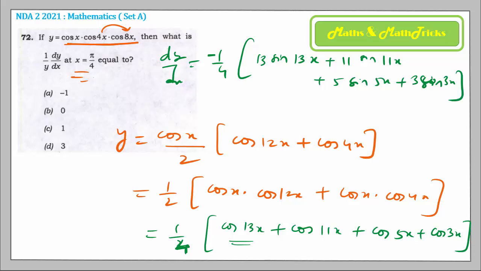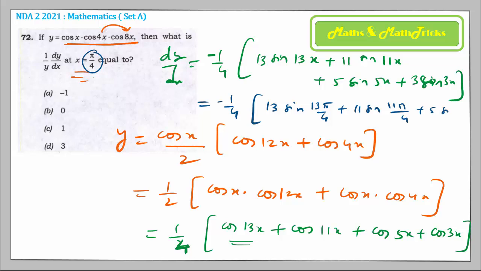Now when you substitute x equals pi by 4, you will get minus 1 by 4 times 13 times sine of 13 pi by 4 plus 11 times sine of 11 pi by 4 plus 5 times sine of 5 pi by 4 and plus 3 times sine of 3 pi by 4.